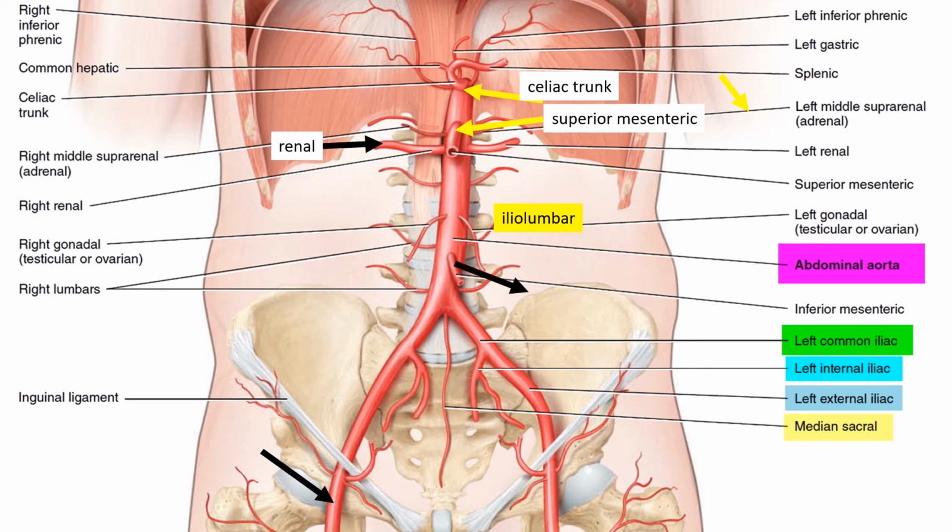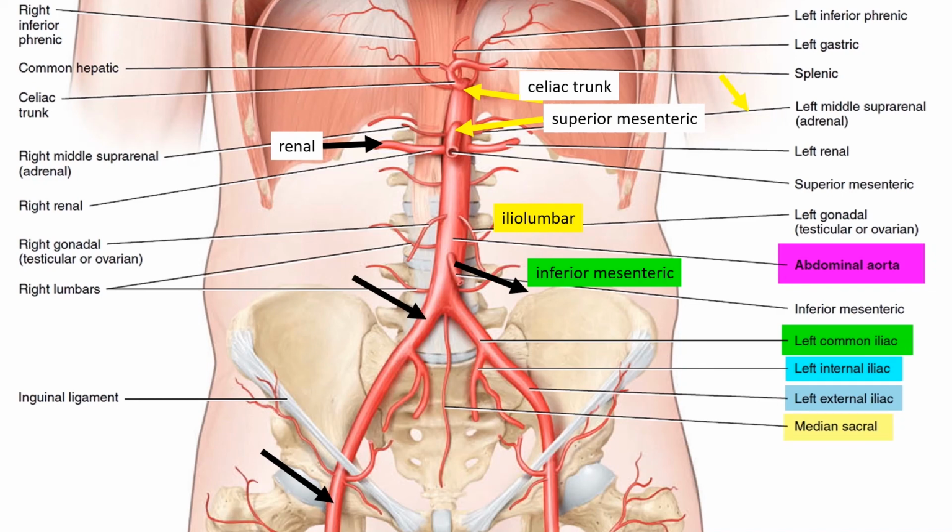Before the bifurcation, there is another anterior branch, a single one, called the inferior mesenteric, which is going to supply the left part of the colon, the descending colon, the sigmoid, and the upper part of the rectum.